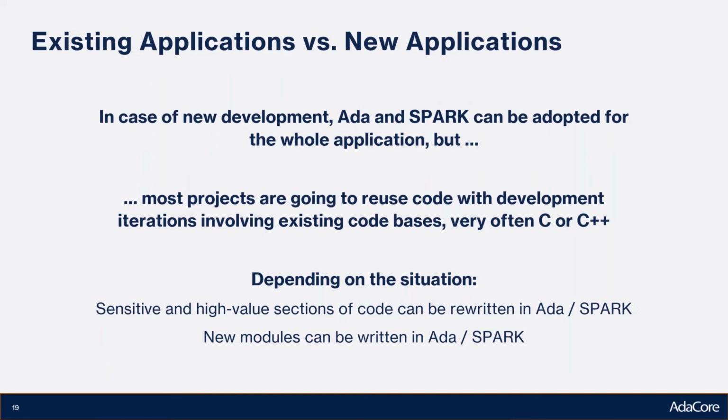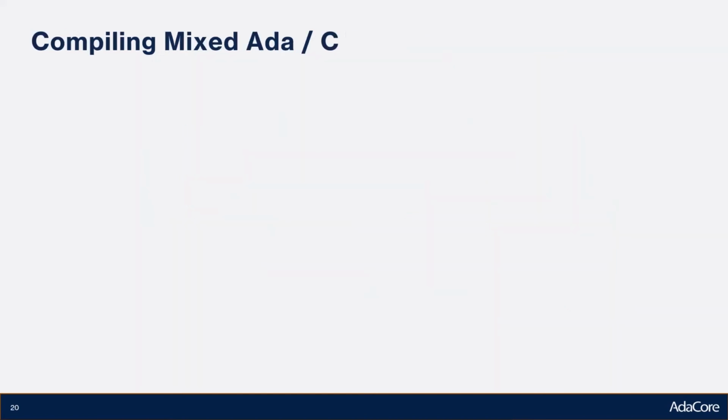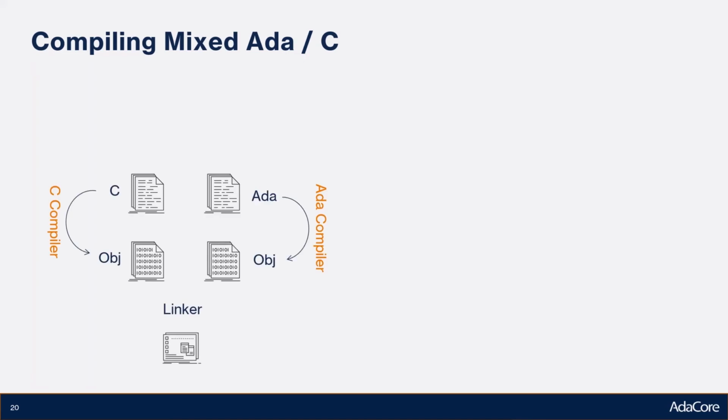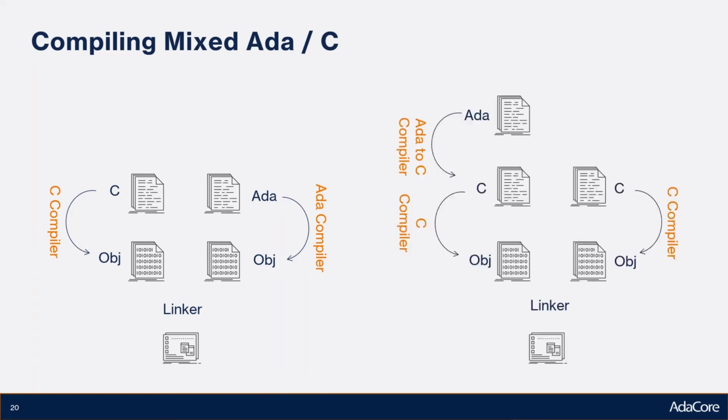Interfacing between languages is something that we're actually very familiar with, where we've done things like that since the beginning. And it's pretty easy to do. In broad strokes, normally, when you have a mixed language application with C and Ada, you would compile the C portions using a C compiler, the Ada portions with an Ada compiler, and then you just have a bunch of object files which you pass to a linker.